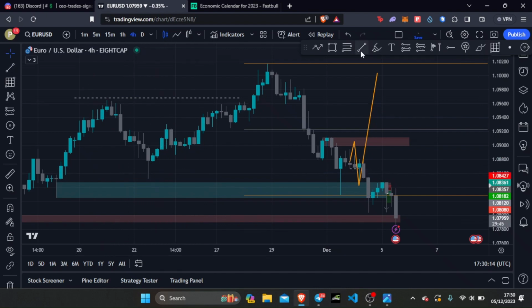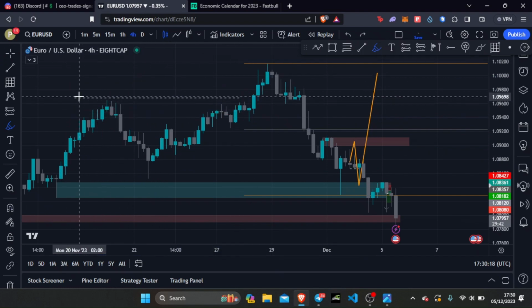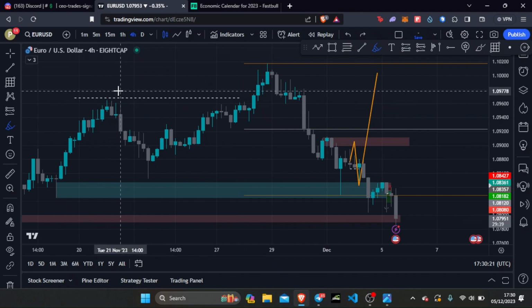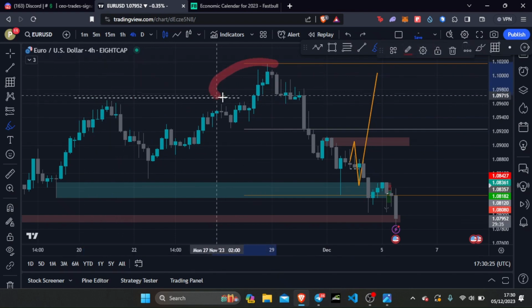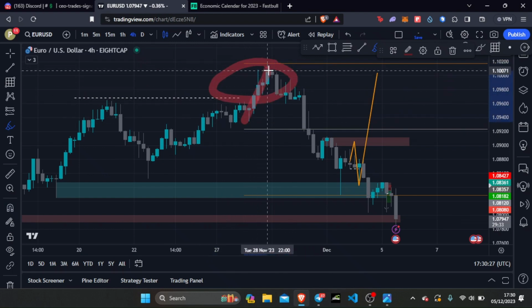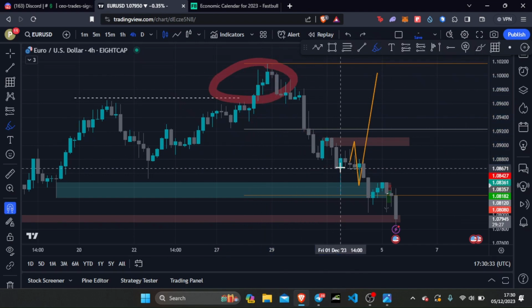If we take a look at this area right here as an example, because this was a local high, we know that a lot of people have their stop losses sat right above. Therefore, institutions will come and drive the price up so that they can execute their orders here to take price in the opposite direction.